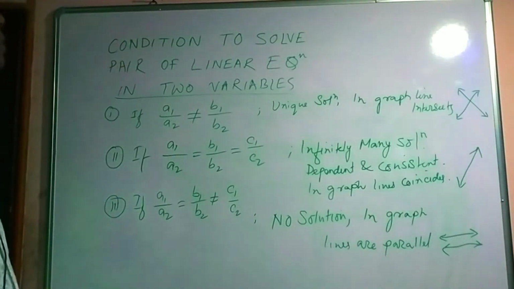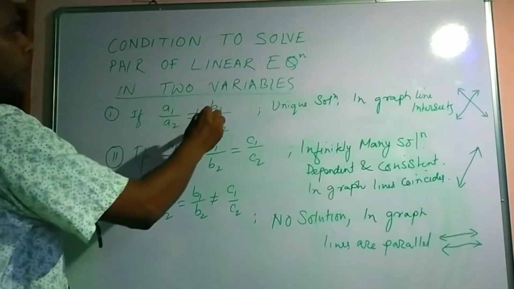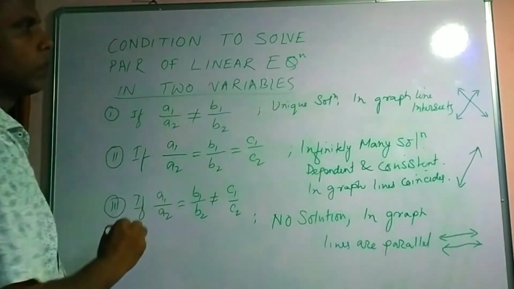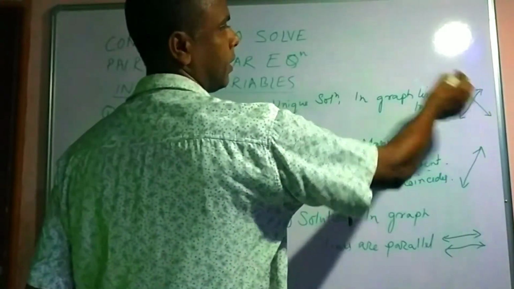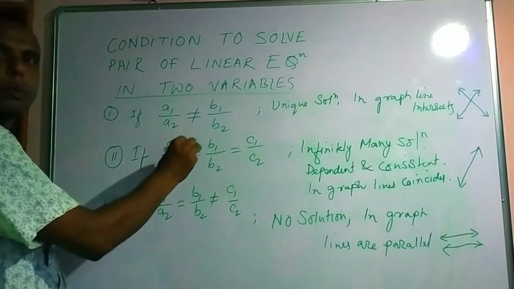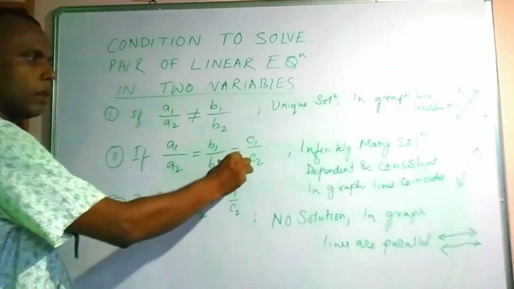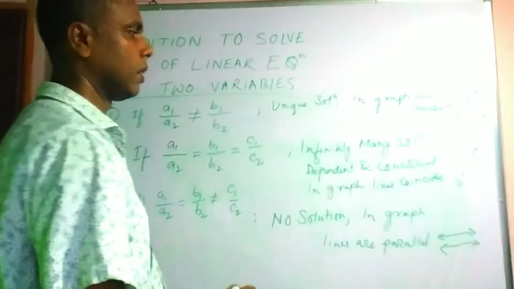Condition to solve pair of linear equation in two variables. If a1 by a2 not equal to b1 by b2, then we have unique solution. In graph, lines intersect at a point. If a1 by a2 equal to b1 by b2 equal to c1 by c2, then we have infinitely many solutions.